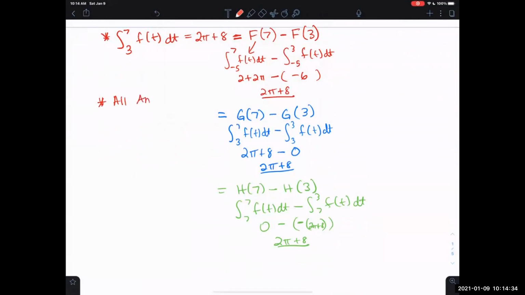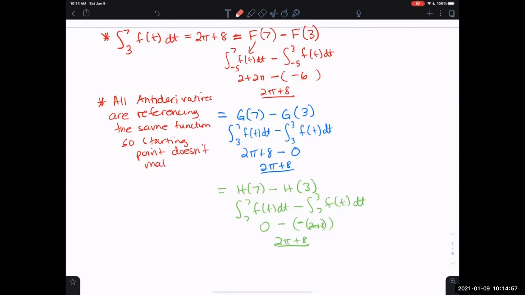So all antiderivatives are referencing the same function. So the starting point doesn't matter.